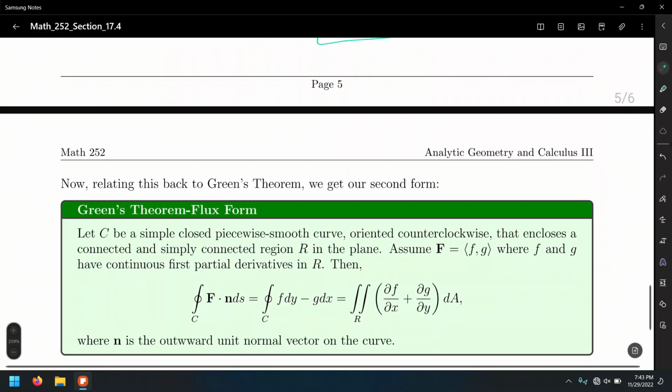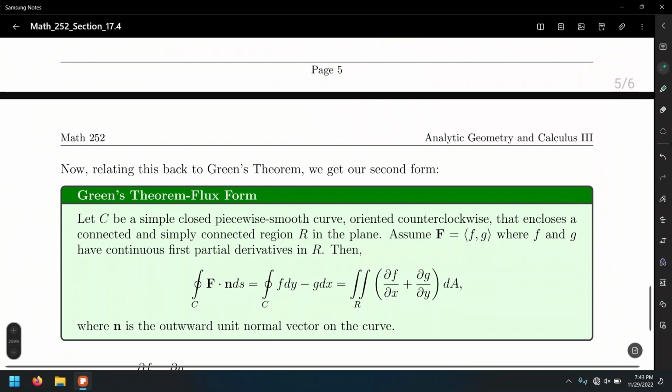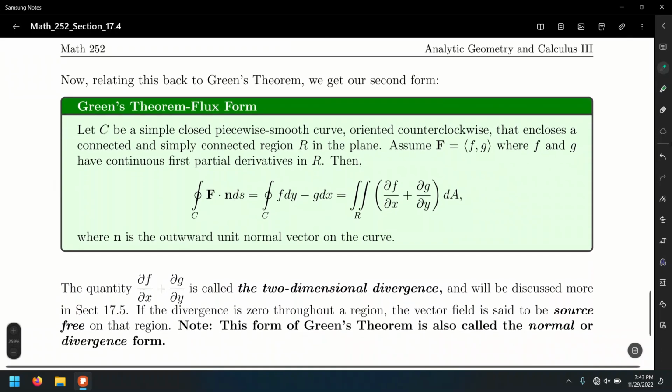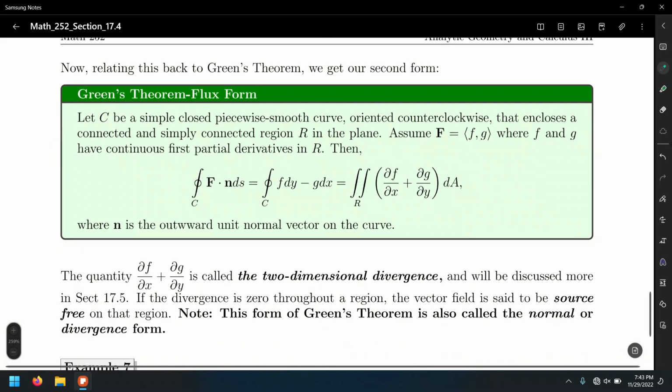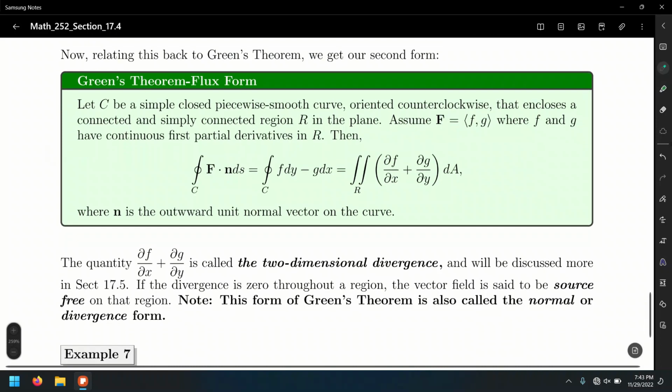We're not going to use the curl of the vector field, which we will talk about in the next section. This time we're going to talk about the two-dimensional divergence of a vector field. Actually, of a function rather.